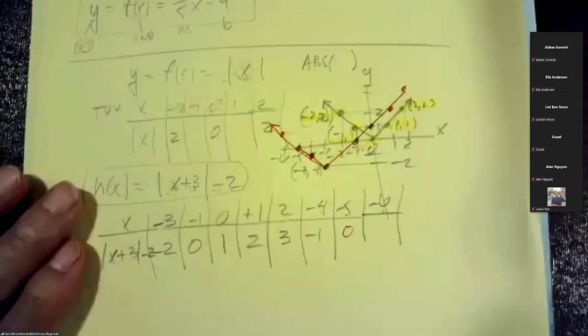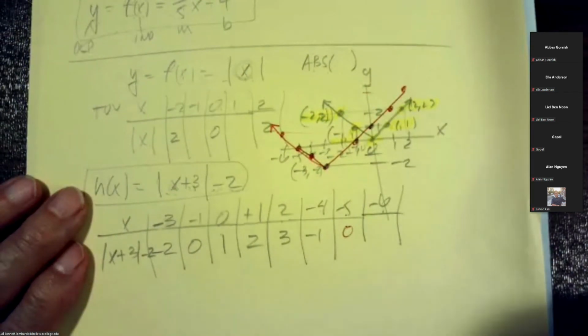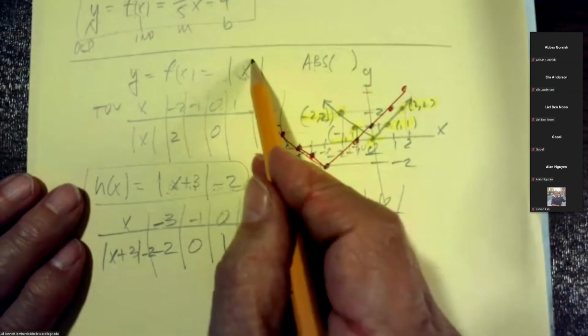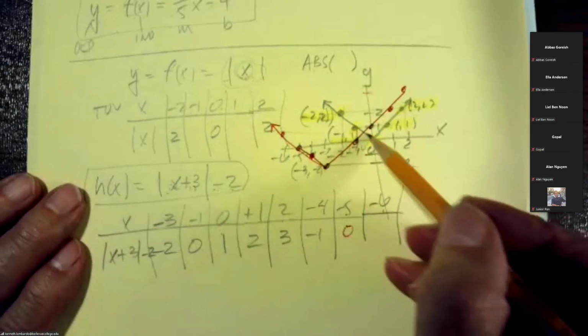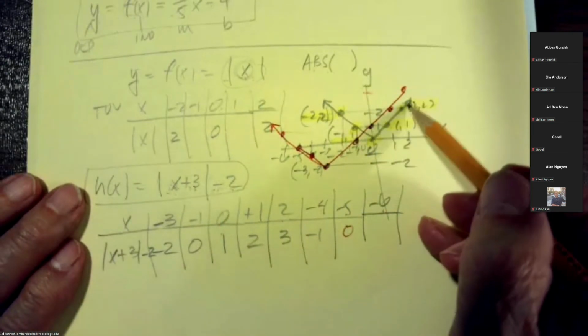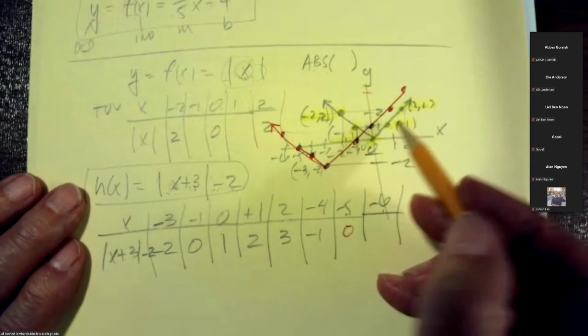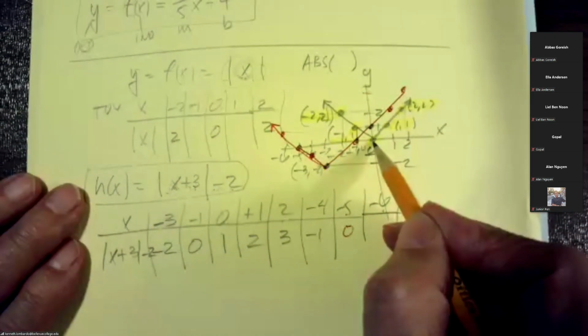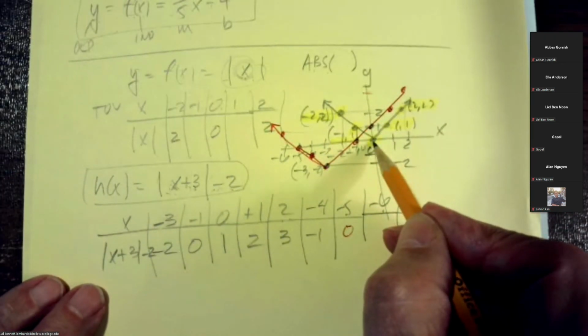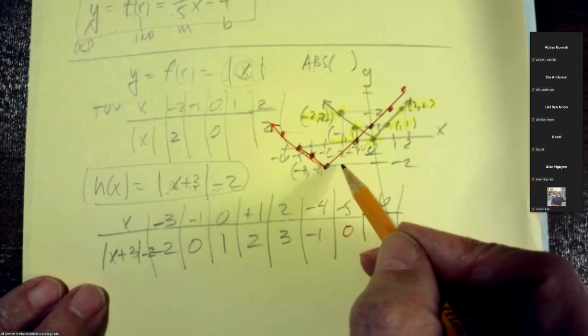So what happened to this original curve that was absolute value of x? It was in pencil color here, black. Sitting here, the origin is at 0, 0. Where is the origin of the new curve?